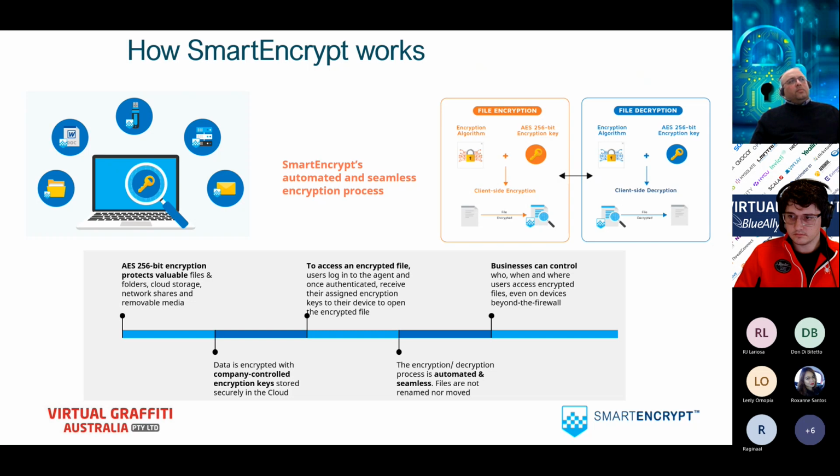Right now we support an endpoint agent on Windows machines and Mac machines, as well as an add-on for SharePoint Online. The data is protected with AES 256-bit encryption. You could encrypt local files and folders, cloud storage, network shares, or any kind of removable media, and it's encrypted with encryption keys that are kept in a secure vault in the cloud.